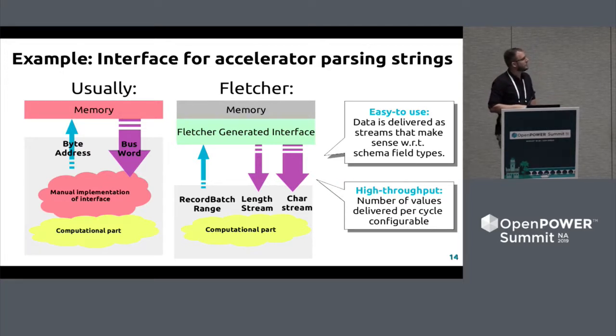And so we shouldn't really be limited by, if we get a stream of characters, if we would deliver you one character per cycle, that would not be a very high throughput. So all the streams that you get from Fletcher, well, almost all of them, you can also have multiple elements per cycle in those streams. So it's quite involved to create this, of course.